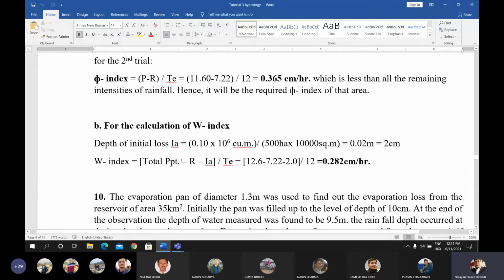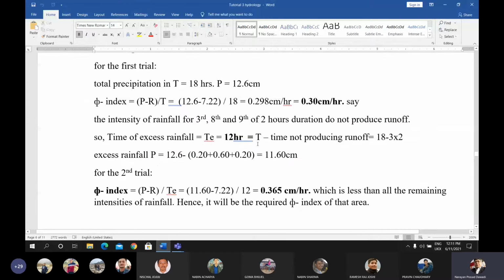Now put these values: total precipitation minus runoff minus initial loss, divided by the time of excess rainfall, for the calculation of the W index. 12.6 minus 7.22 minus 2, divided by the time of excess rainfall. That is the second trial's time of excess rainfall that is considered, because this phi index is the correct phi index of that area.